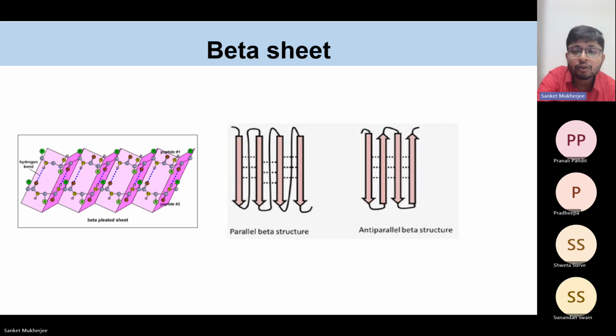The other one is anti-parallel, where they are N to C, then again C to N, in alternate fashion. So this is an anti-parallel beta sheet structure. There could also be a mixed form of structure. And usually proteins do not only have the alpha helix or beta sheet, they form a mixture of both. So we'll talk about it.